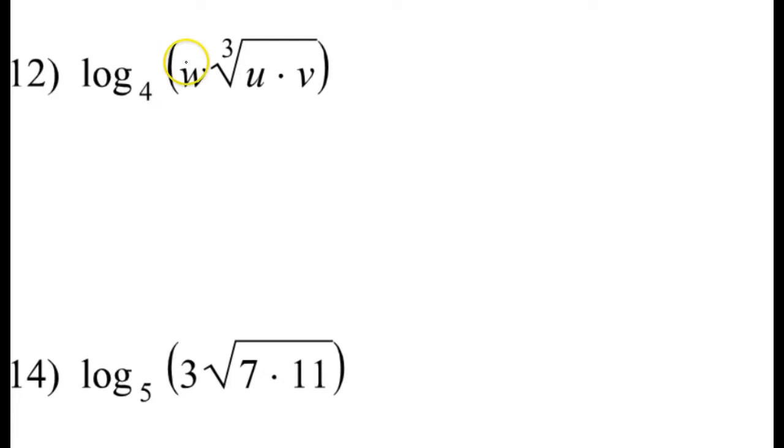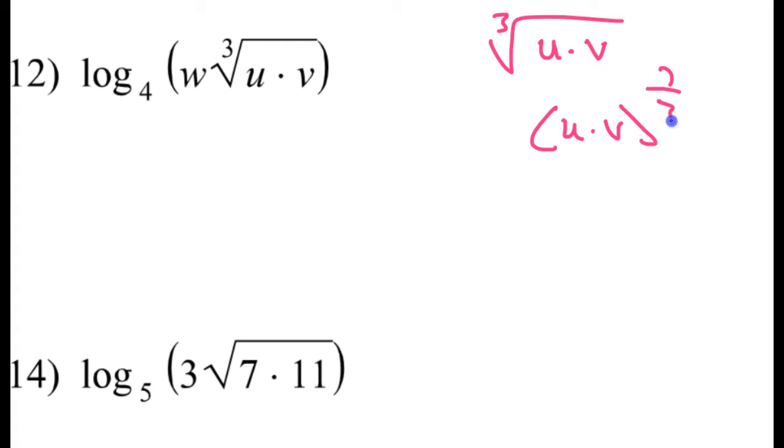For number 12, we must first understand that a cube root is the same thing as the 1/3 power. So look, just off to the side, understand that the cube root of u times v is the same thing as u times v to the 1/3 power. And then I would raise each one of these to the 1/3 power.